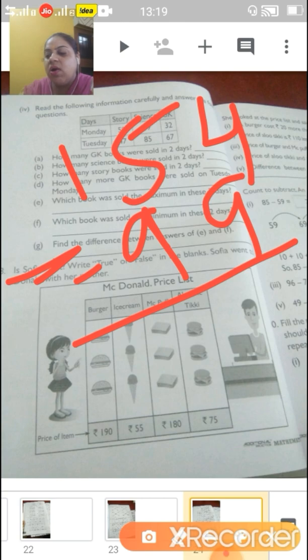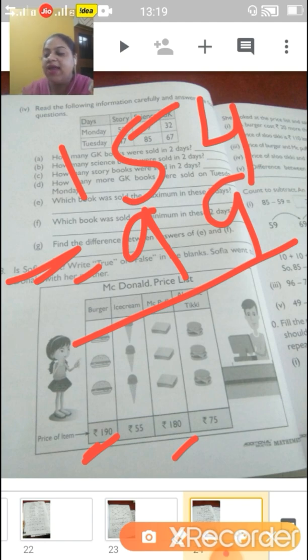Now, a burger costs 20 more than McPuff. Here we can see the burger costs 20 more than McPuff. So here they are getting more, 20 more. So it is 190 more, means if we are adding, that should be 200, but it is less.